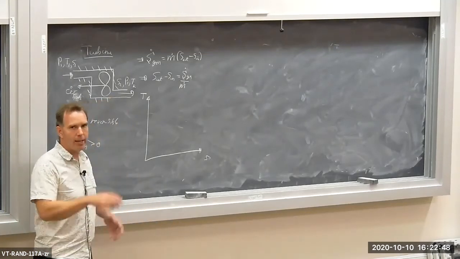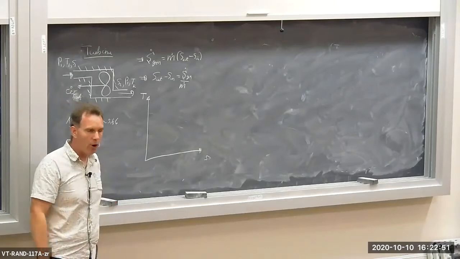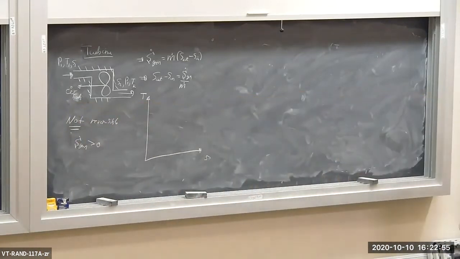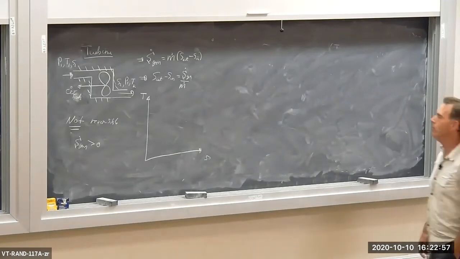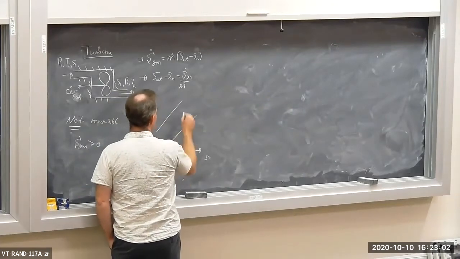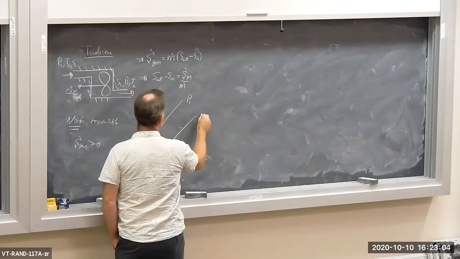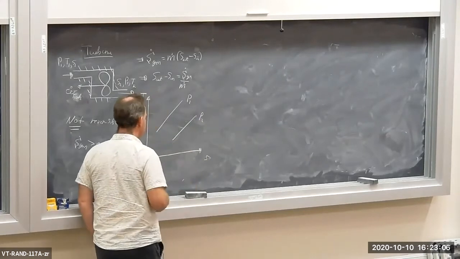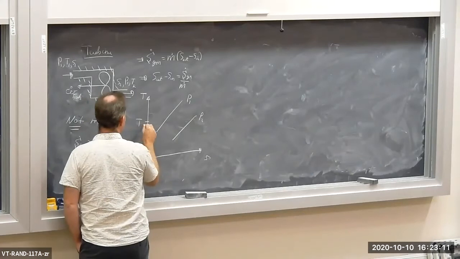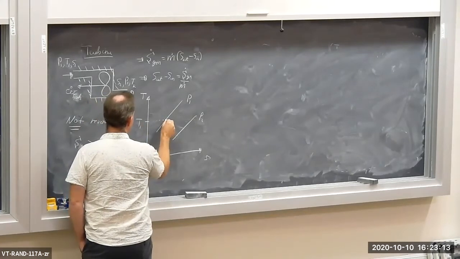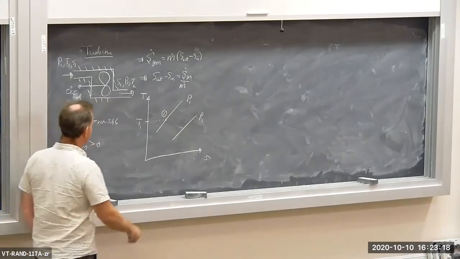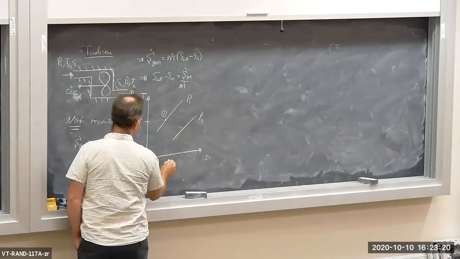Presumably this turbine is decompressing, so pressure is falling in the turbine, and so is temperature falling because I'm extracting work. So we have two isobars here. We have P1 and we have P2. And I may have a T1 here. So this is the inlet state, state number 1. And of course, I have an inlet specific entropy, S1.